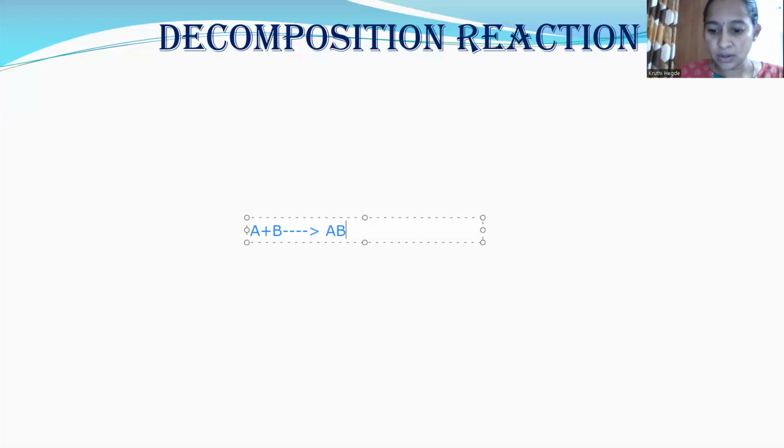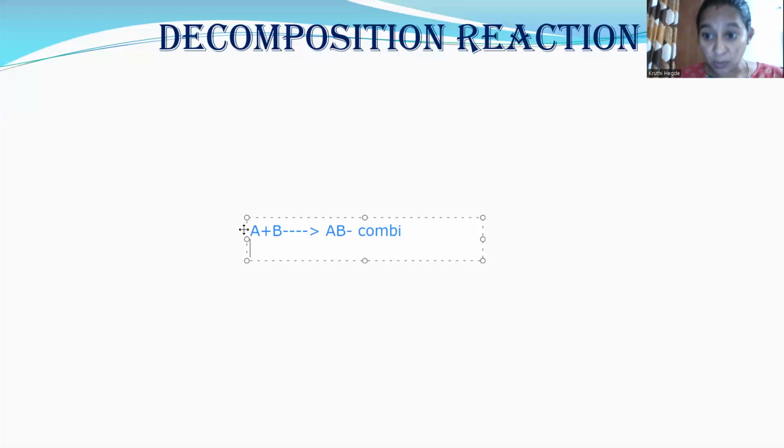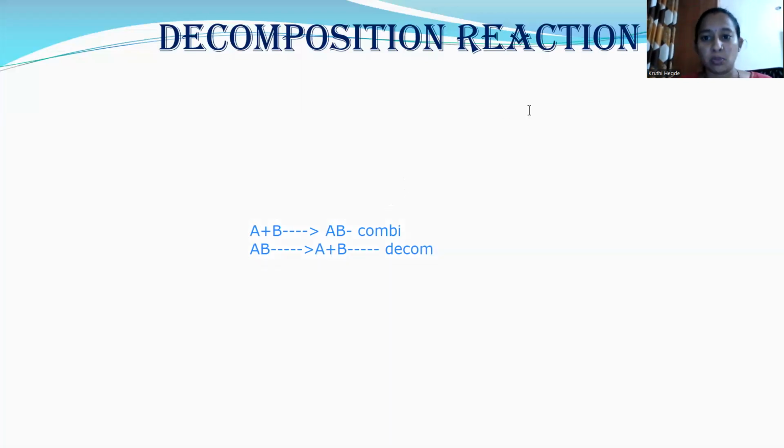This is for combination. Whereas for decomposition, it is like AB giving A plus B. This is for decomposition. You need to observe this carefully. Decomposition is the opposite of combination reaction.